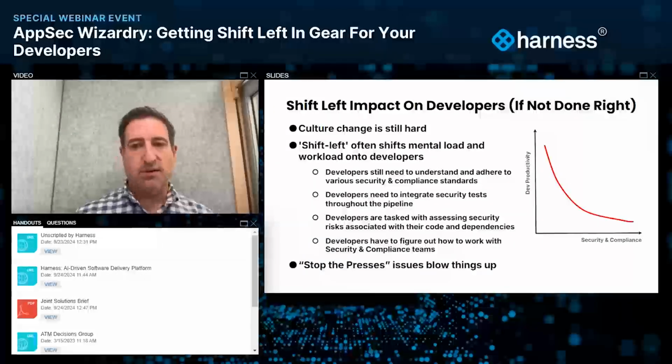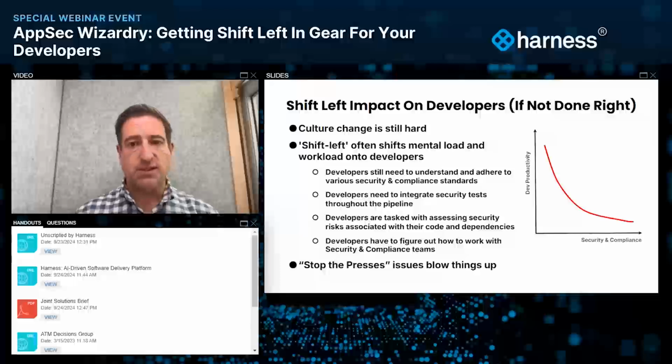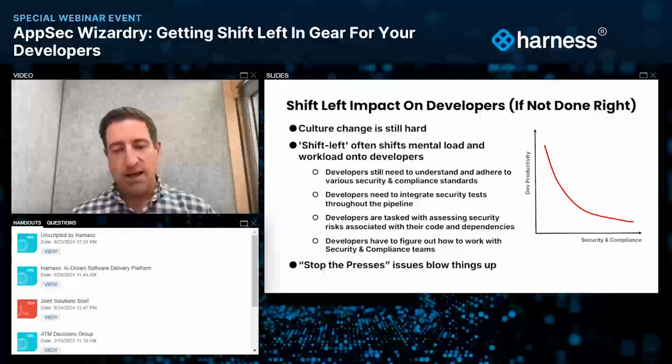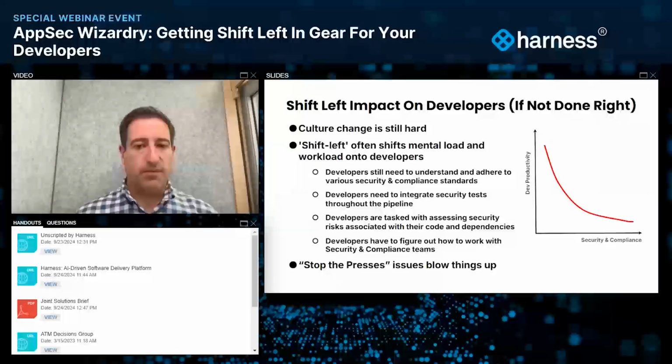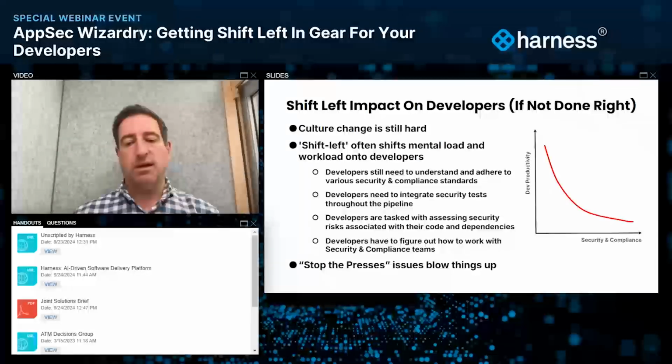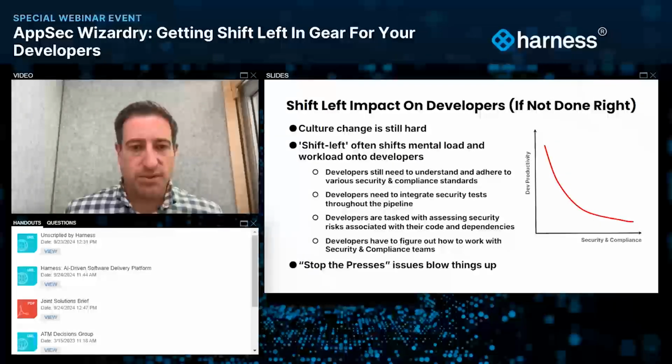The more security and compliance controls that you institute throughout your development pipelines, the harder it is for developers to be productive. They're taken away from their primary tasks and having to focus more and more on vulnerability remediation or even manually processing some of the priorities if you don't have the right tools in place for that.